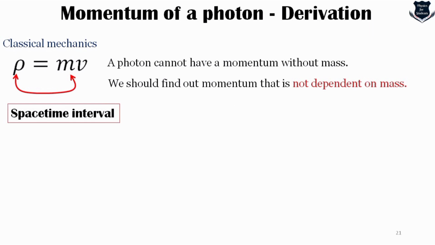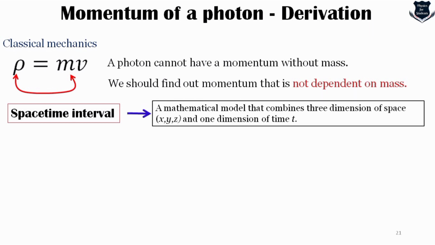But before that, we need to have an understanding of two important concepts of special relativity. The first one is called the space-time interval. Because we call it an interval, as we have already seen in numerous videos, if you're watching my general relativity videos, space and time are intricately related to each other. Space is not just space, time is not just time.